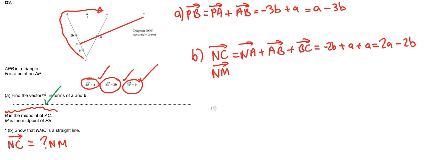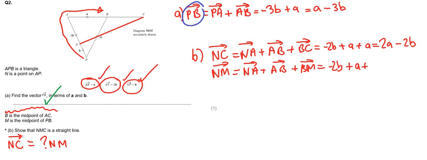Now let's work out what NM is. N to M, I can't go directly, so again we're going to go the long way around. I'm going to go N to A, then A to B as we did before, and then I've got to get from B to M. NA, as before, is minus 2B. AB, as before, is A. Now, B to M is on the same line as P to B, which was what we worked out for the first part of A. Again, remember, we always use the stuff from A in the second half of the question.